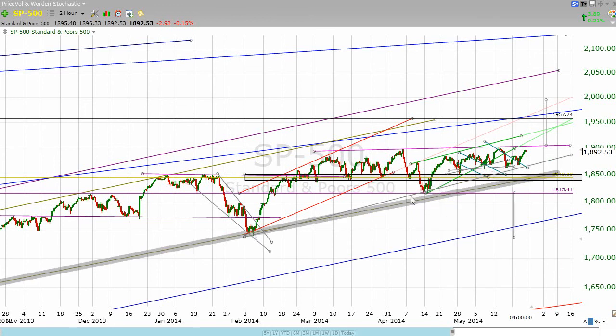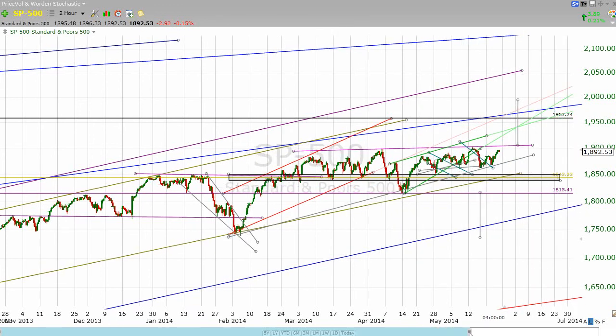So it's going to be real interesting what happens in the next 3 to 4 weeks, because these rising trend lines right here have an intersection with this 1900-ish line right here.